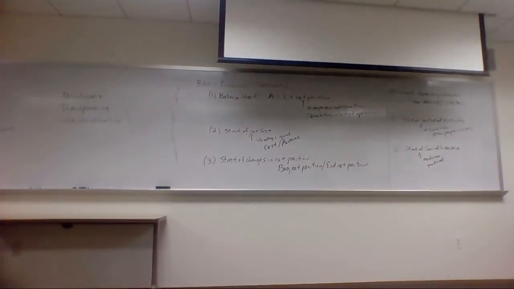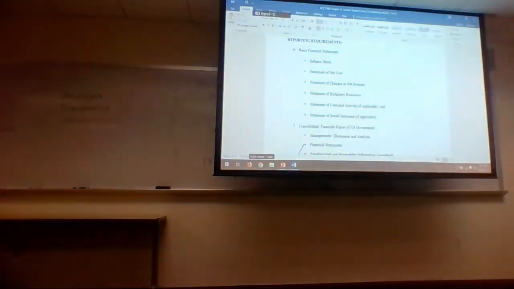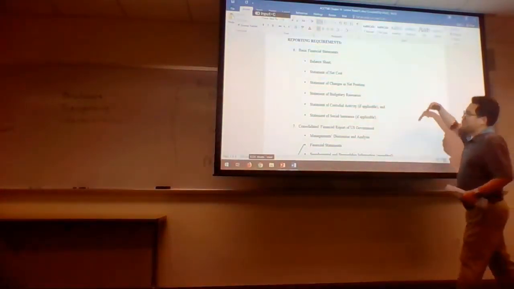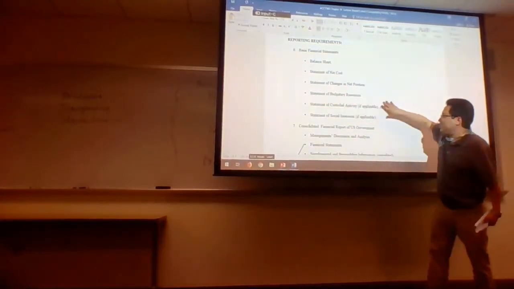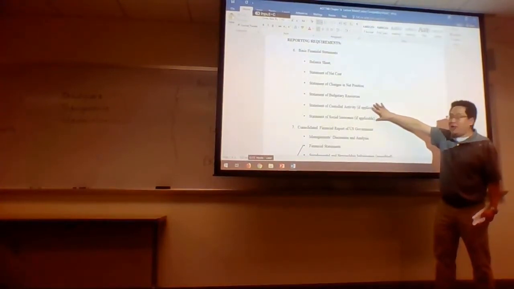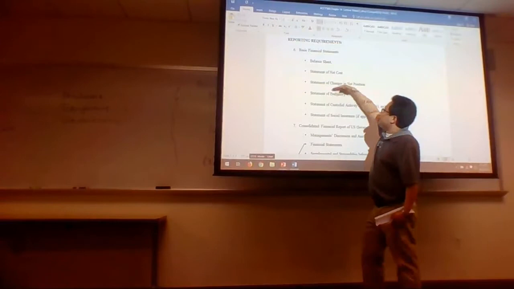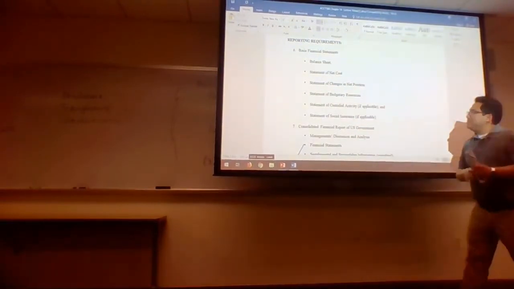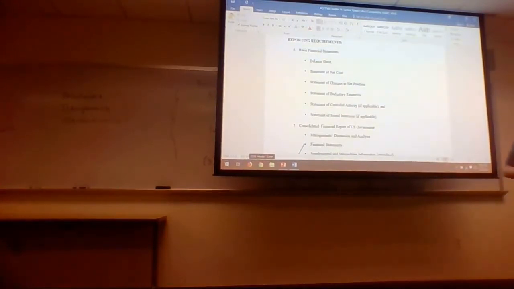Any questions on the basic financial statements? Okay, so you can see that the basic financial statements really just consist of these four, right? Because these last two are optional and don't apply to every entity in the federal government. So these four statements that you have are kind of similar to for-profit entities.